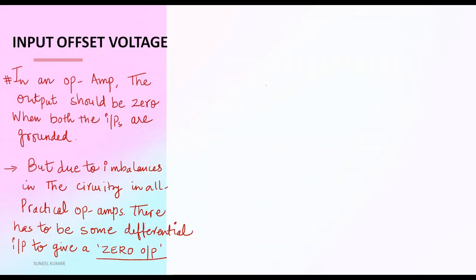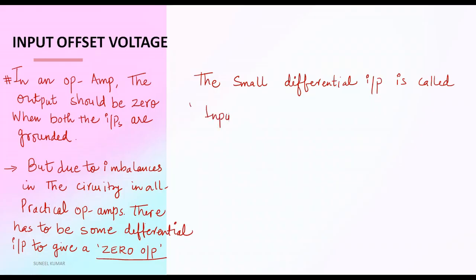So we can write here: the small differential input is called the input offset voltage.